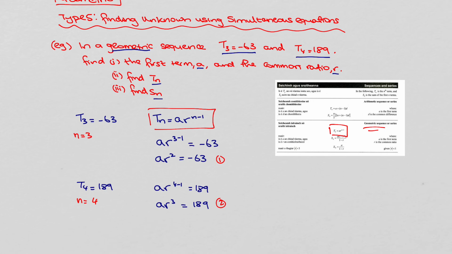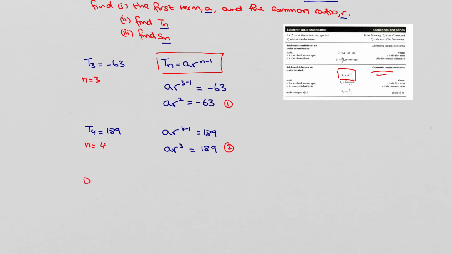So instead we're going to divide the bigger one by the smaller one, in other words divide 2 by 1. So we would have a r cubed divided by a r squared is equal to 189 divided by minus 63.